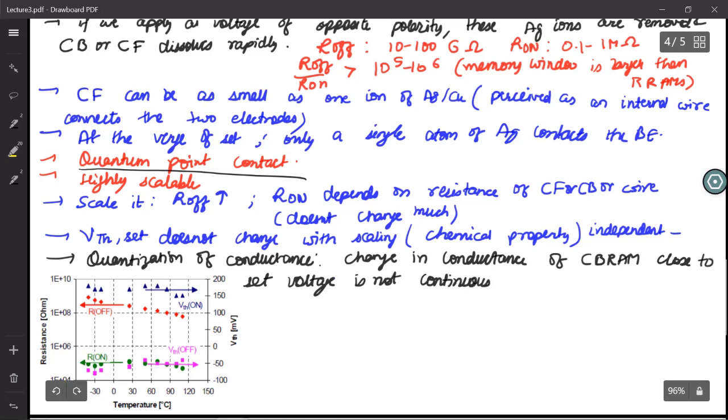Then what is it? It's discrete. Why so? Because it's a single atom.